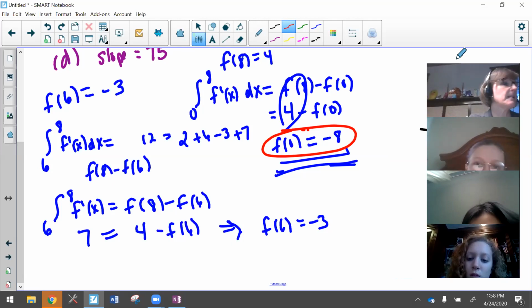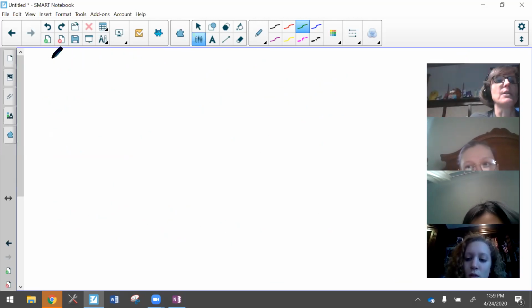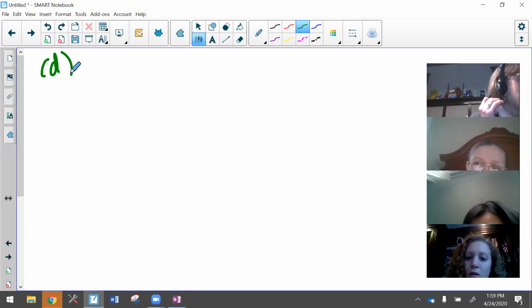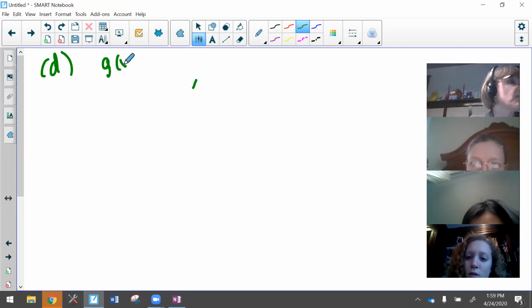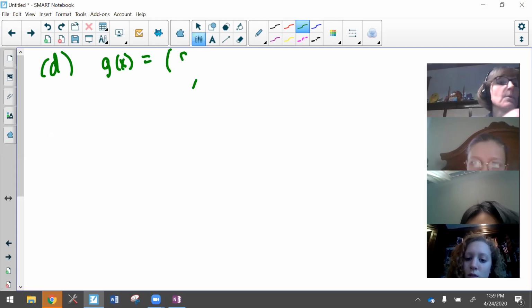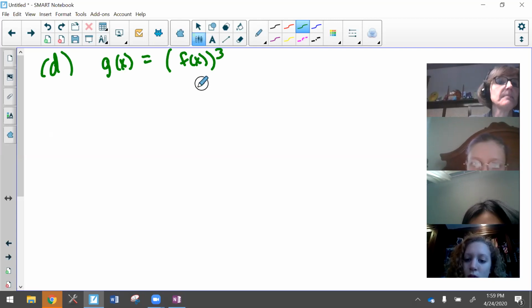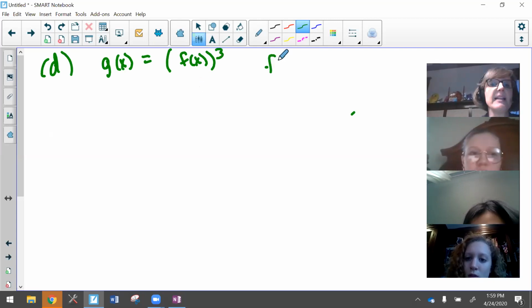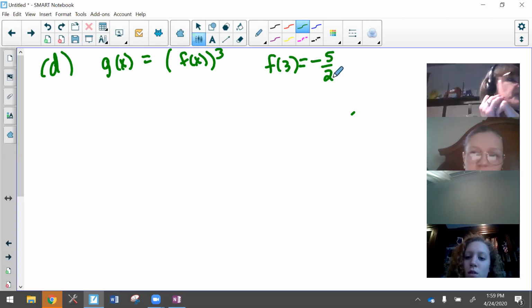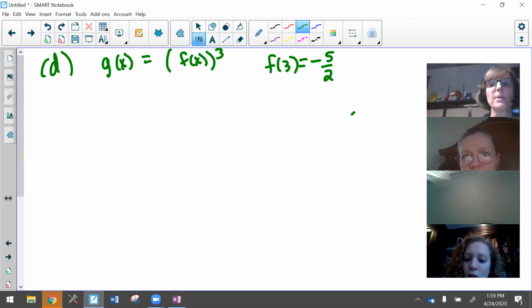Okay, so somebody wanted to see part D as well. So D says the function g is defined by g of x is equal to f of x cubed. And we are told that f of 3 is equal to -5/2, and you want to find the slope of the line tangent to the graph of g at x equals 3.